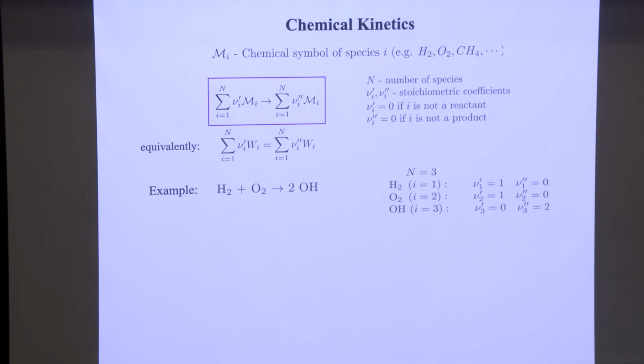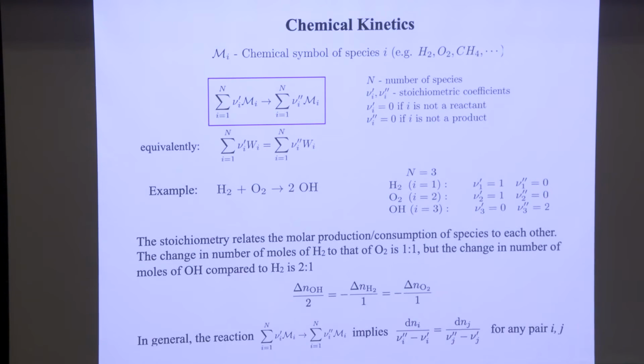So for example, for H2 plus O2 goes to 2OH, there are 3 species. I denoted H2 by 1, O2 by 2, OH by 3. And you can see that nu 1 prime and nu 2 prime are both 1, and the double primes are 0. And nu 3 prime is 0, but the double prime is 2.